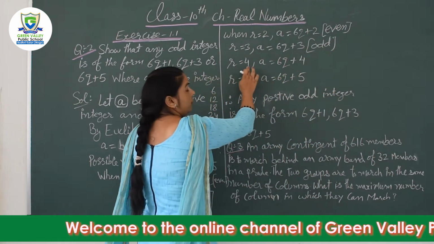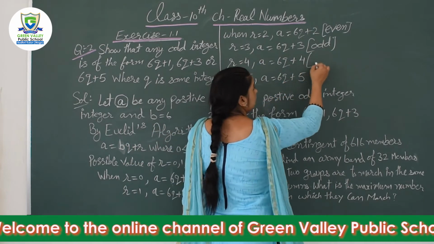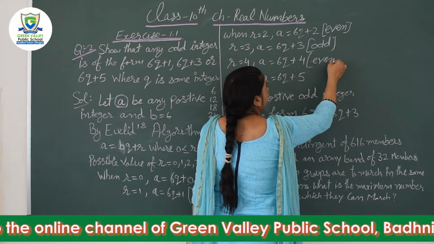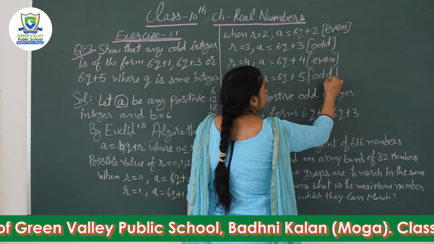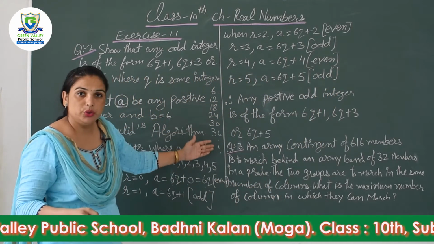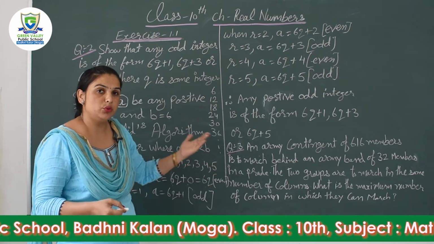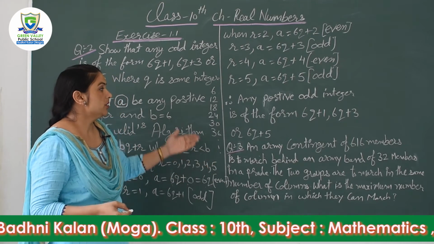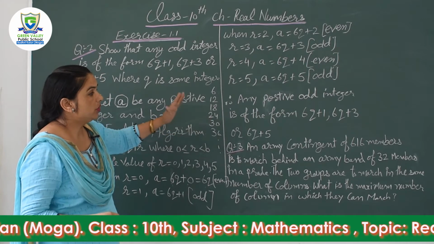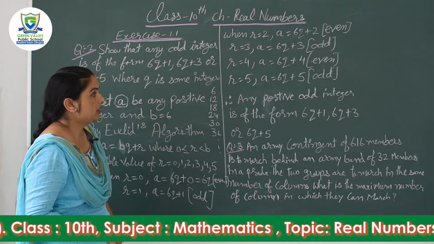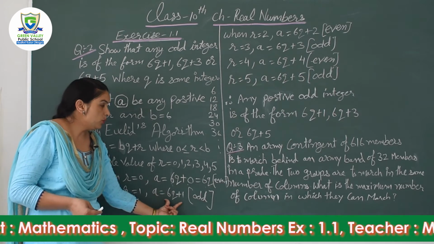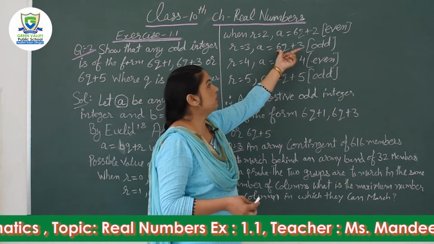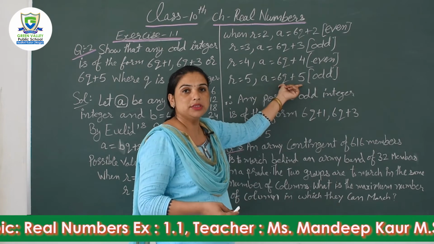In the same way, for 6q plus 4 we'll get even, and for 6q plus 5 again we'll get odd. Even if you want to cross check, like I have told you, you can also check it. So after this, what can we write, students? We can write the values for which we got odd: 6q plus 1, 6q plus 3 and 6q plus 5.